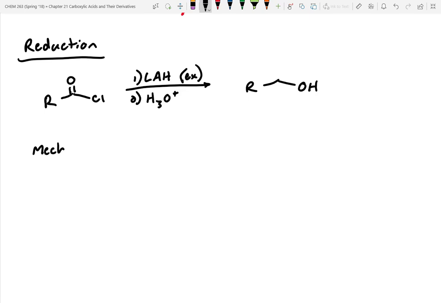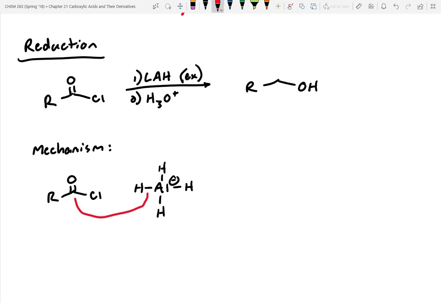Sometimes people will get stuck on this though. So I do want to show you the mechanism, and I'll show you the question that students often have. So lithium aluminum hydride, I'm only going to show the anionic part, looks like this. First step is going to be the hydride attacking in, kicking up electrons.